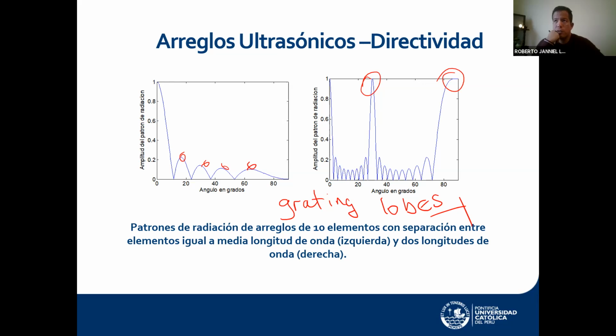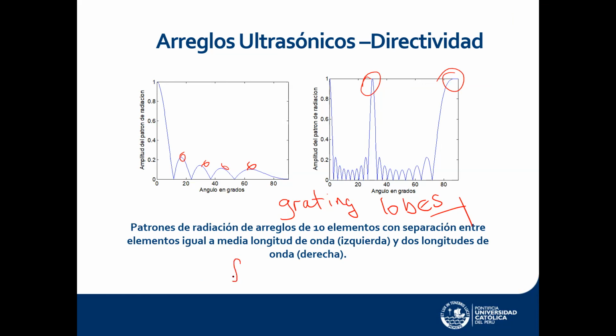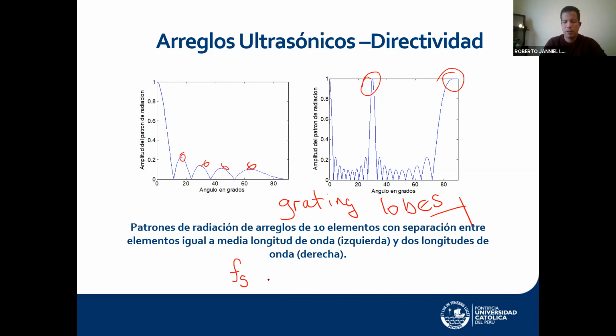Does somebody want to provide a more formal definition of when aliasing occurs? It occurs when you have a sampling frequency and two different signals become indistinguishable from one another because of your sampling frequency. What's the condition with the sampling frequency?